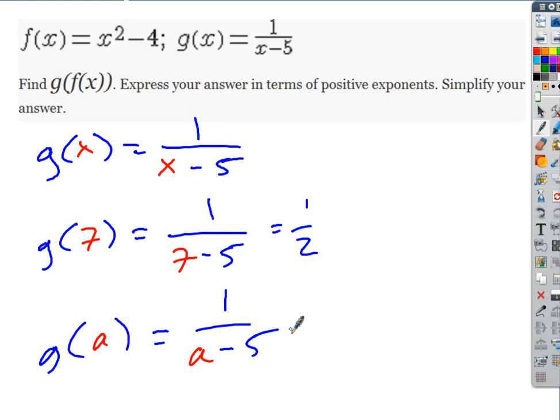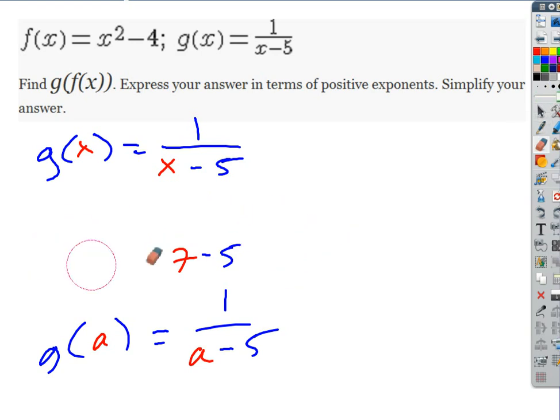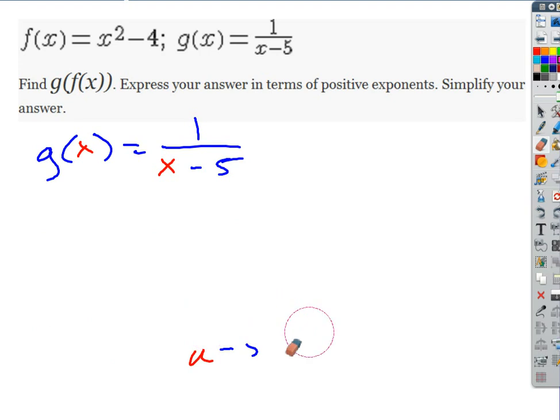Let's try something a little harder. What is g of the quantity x squared plus 2?